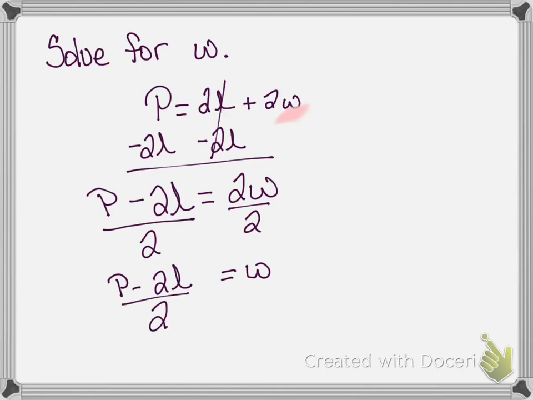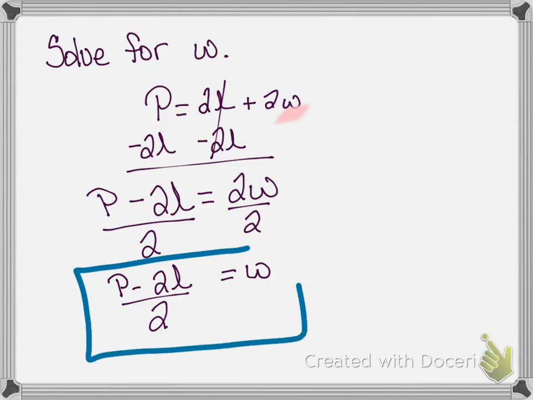If you stop right here, that is completely acceptable. Now, one of the things that students look at is this 2. Do you see how I have a 2 or a negative 2 in front of the L, and then I have a 2 in the bottom? Students think, do I need to cancel those?